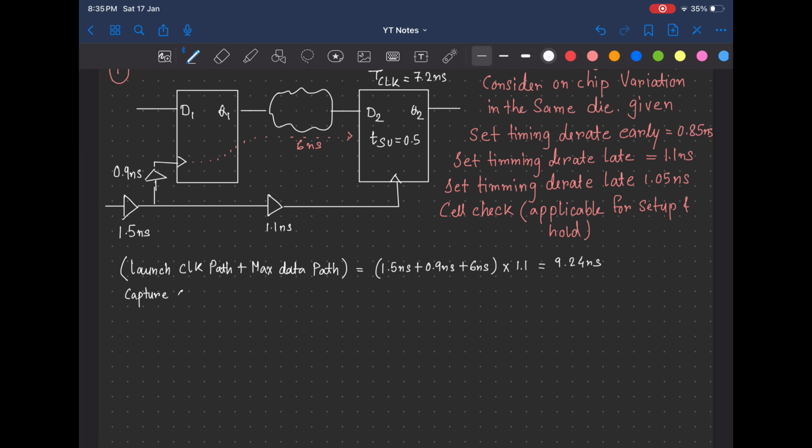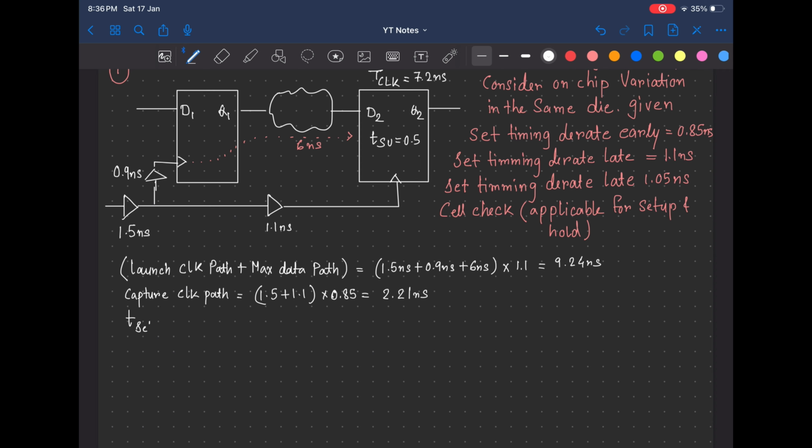Now calculate the capture clock path, where this one is 1.5 nanosecond and 1.1. So 1.5 plus 1.1 multiplied by 0.85, which comes to 2.21 nanosecond. We also have to multiply the actual setup time.